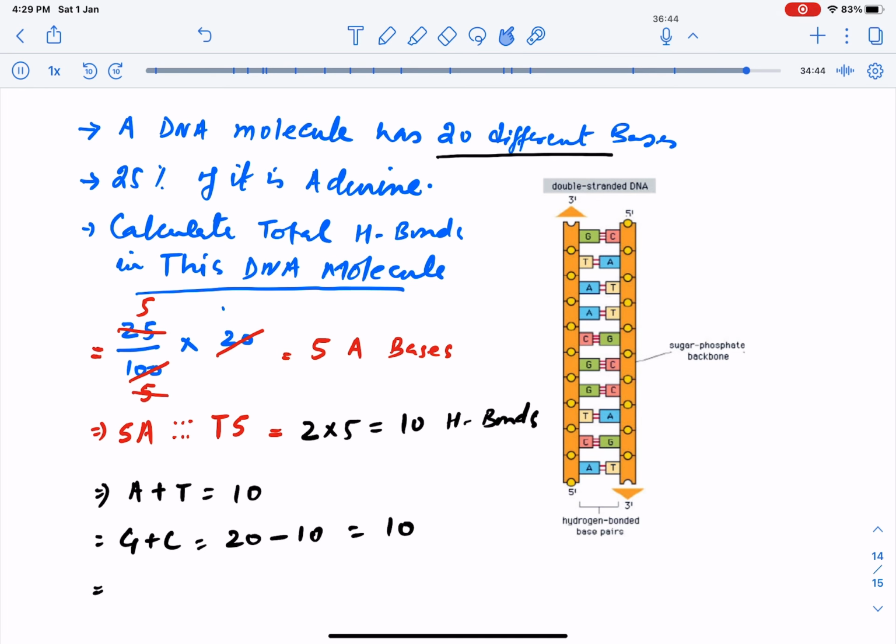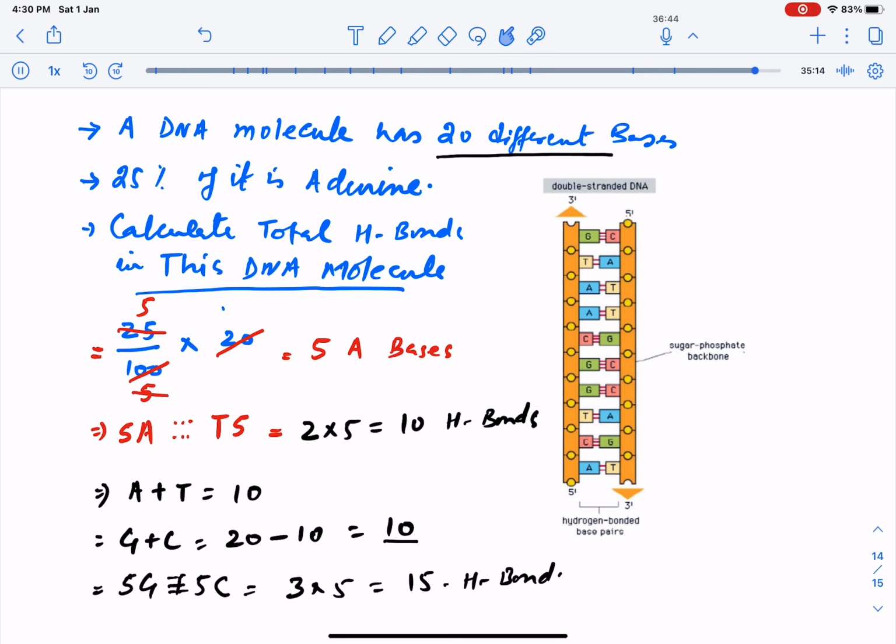So as it is total 10 nucleotides that have guanine and cytosine, 5 guanine will have triple hydrogen bonding with 5 cytosine. To calculate the total number of bonds, we will multiply 3 with 5, and that would give us 15. So this would give us 15 hydrogen bonds.